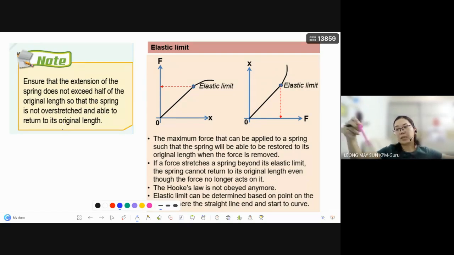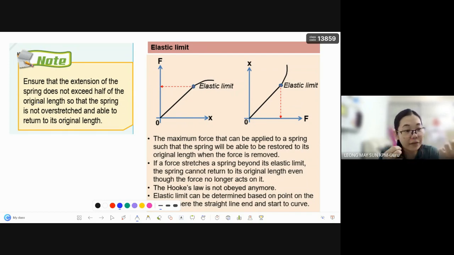Okay, the spring that we have in school is roughly around the length of this highlighter. So it's roughly around, let's just say, 10 centimeters. So when you hang the slotted mass onto the spring, make sure it doesn't exceed half of the original length, which means what? 10, so it cannot exceed 15 centimeter.